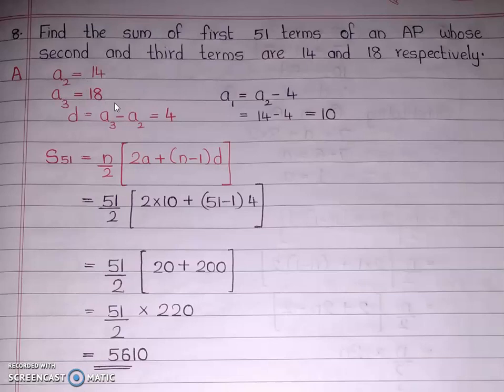Second term minus common difference. So you will get first term. Which equation will you use for sum of n terms? n by 2 into 2a plus n minus 1 into d. Simplifying, you will get the sum as 5610.